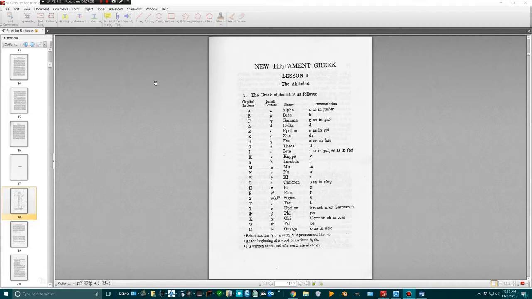Psi. We get the word psychology from it, with the P being silent, but the psi is the letter right there. Looks like a trident. Then last, but definitely not least, is the letter omega. Omega. This is the O sound as in note, a long O sound.